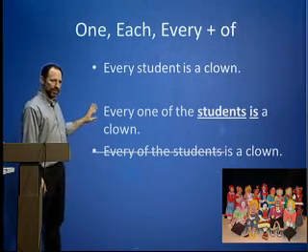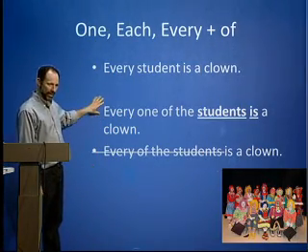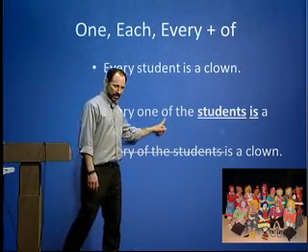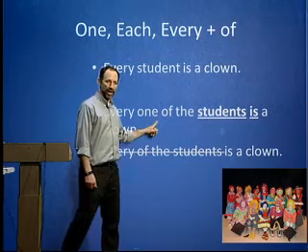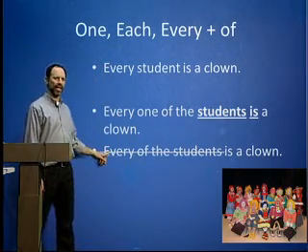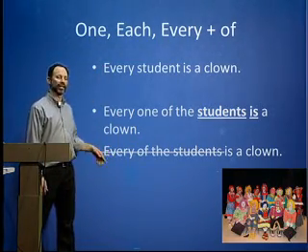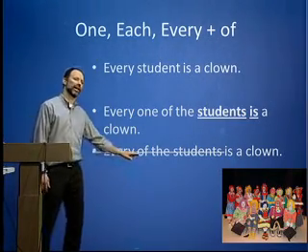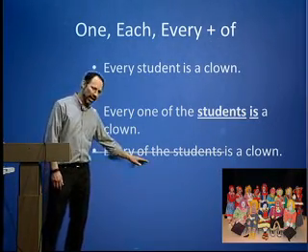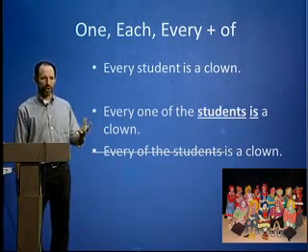One special note here: every, when it goes with of, always has the word one, every one of. I could not say every of the students like I could say each of the students. When I have every with of, it needs to have the word one between them.